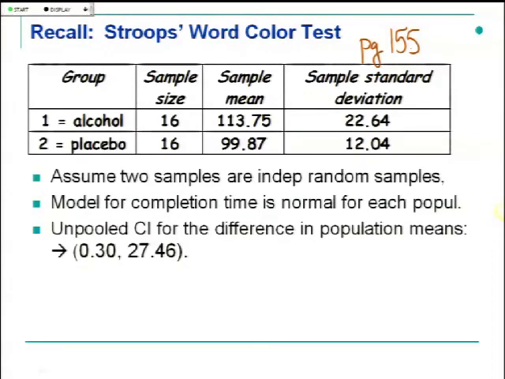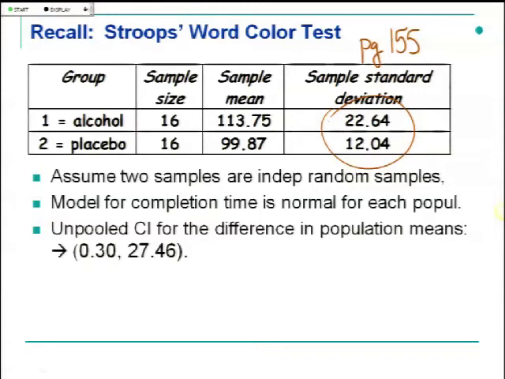These were the results for an experiment, and we had only this summary of the 2 sets of data, 16 observations in each. We looked at those 2 sample standard deviations, and we said those are starting to look a little bit more different than the first example we did, maybe leading us to say maybe we should do the unpooled technique.